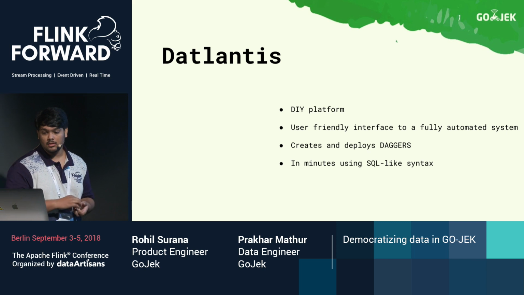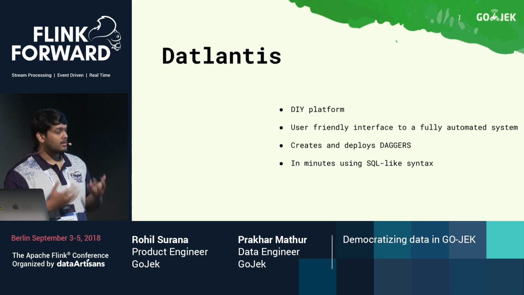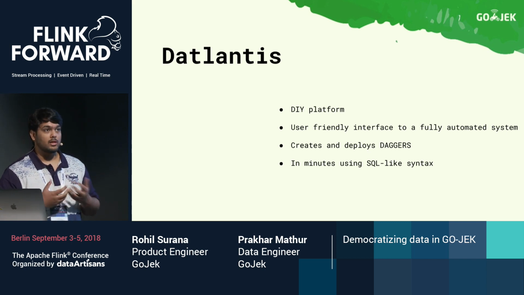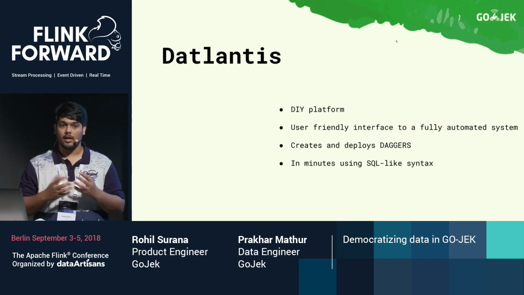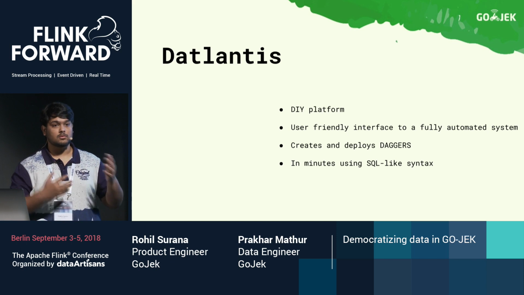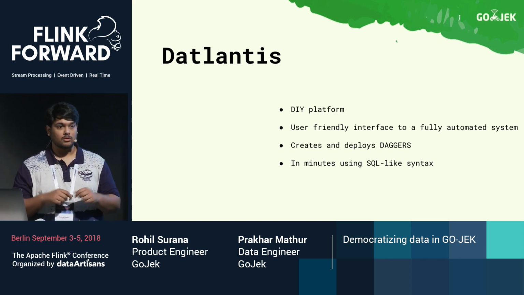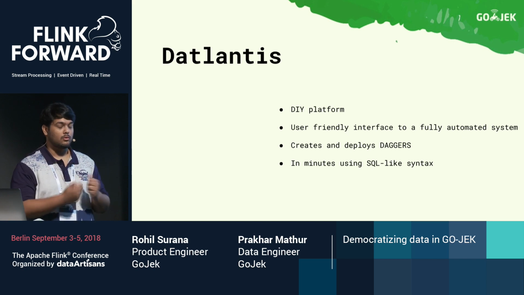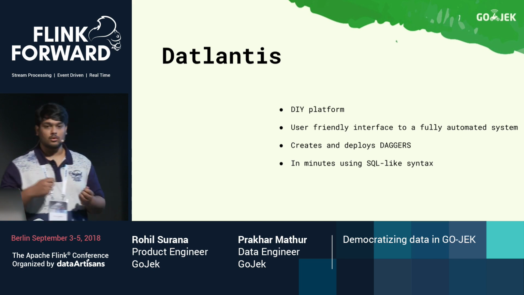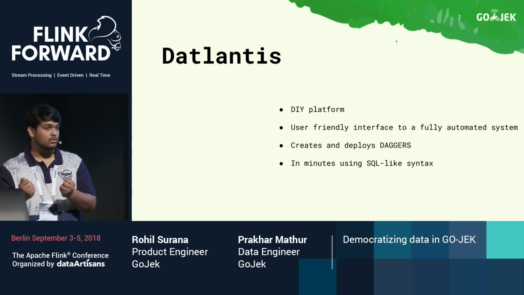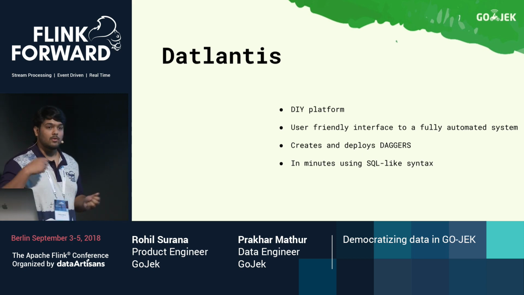We call it Atlantis. What Atlantis allows is that for any user who wants to create a Dagger, you just have to select your proto schema, and it will filter out all the Kafka topics which belong to that proto schema. Then you can write your Flink SQL, select whatever fields you want, and set the aggregation window duration and some advanced configurations.